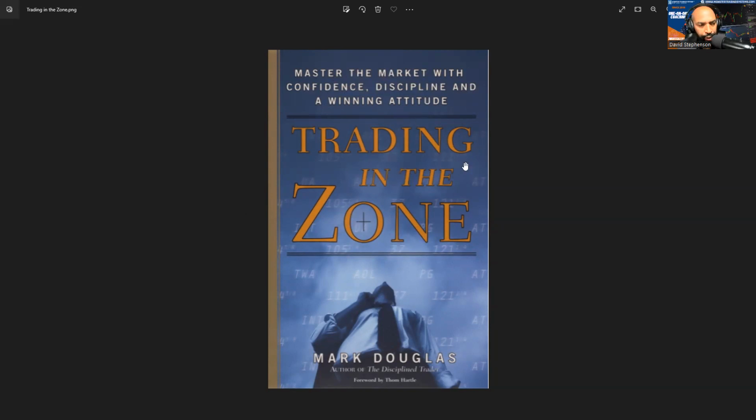When I do one-on-one coaching with our traders, we recommend this book. We actually give this book free to our traders when we do our one-on-one coaching. So yes, your entry and exit is going to be important, but understanding how the markets work, having the proper mindset and the proper discipline when we trade is also critical.